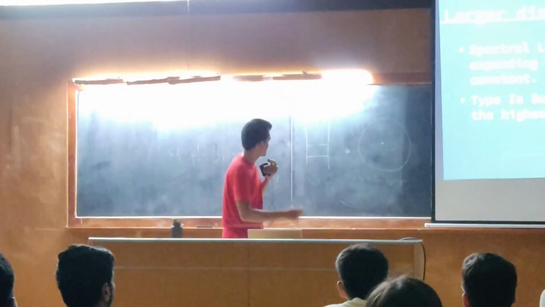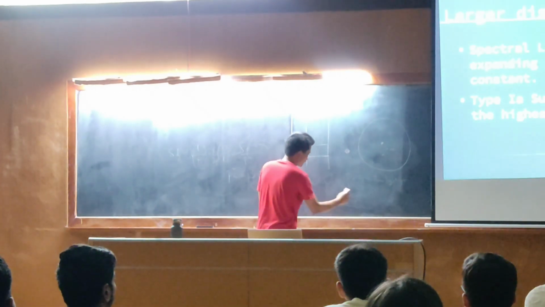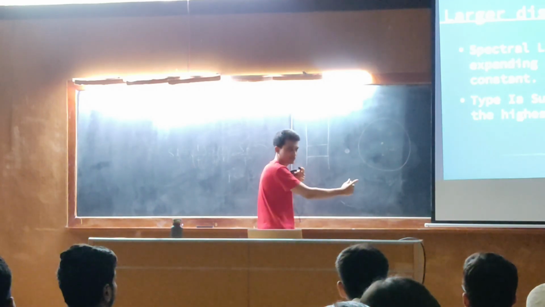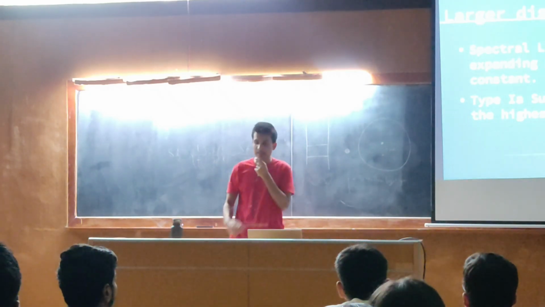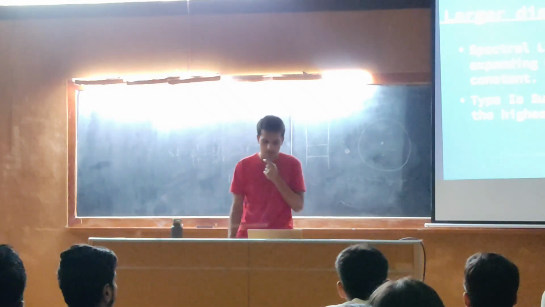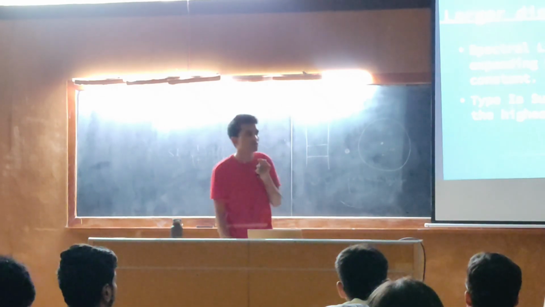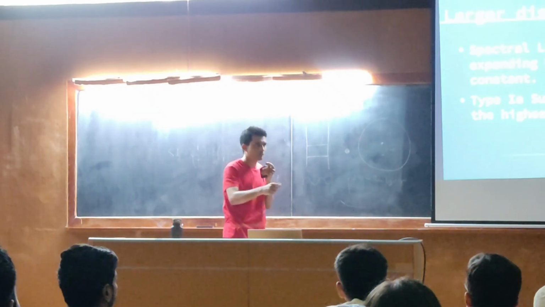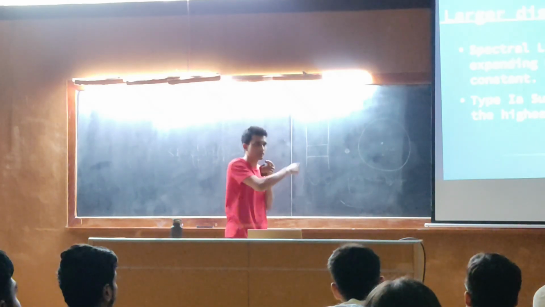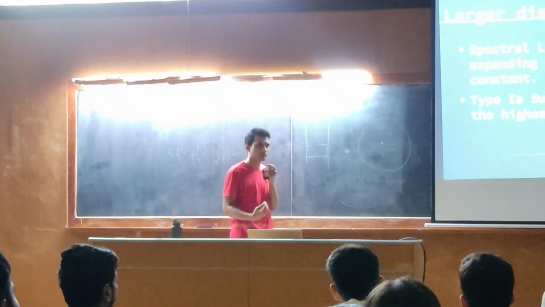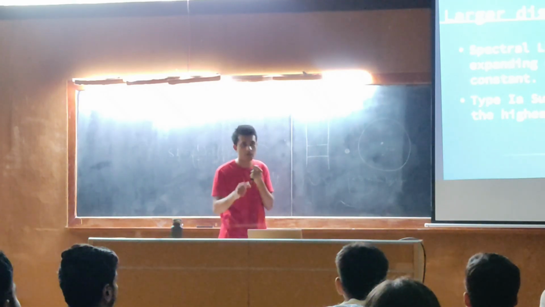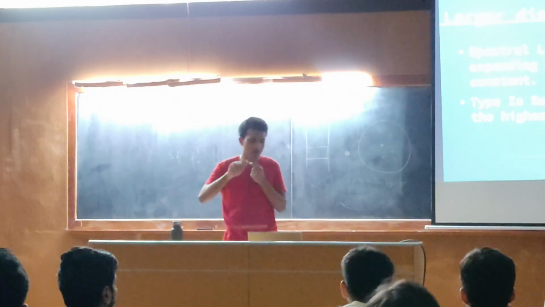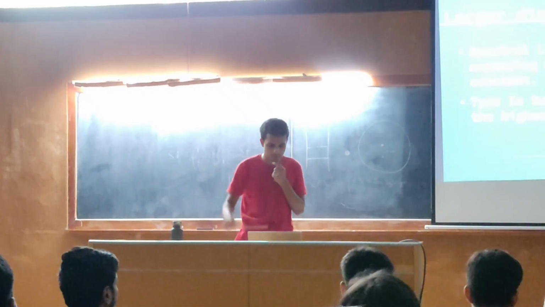The space in between the source and the object is itself expanding, which causes the wavelength of the light to increase. This increase in the wavelength can be measured. If we know that a hydrogen atom emits at a certain wavelength, and we measure those emissions at a different wavelength, we can figure out the velocity with which it is receding. And this velocity has a linear relationship with the distance. This linear constant is called the Hubble constant.